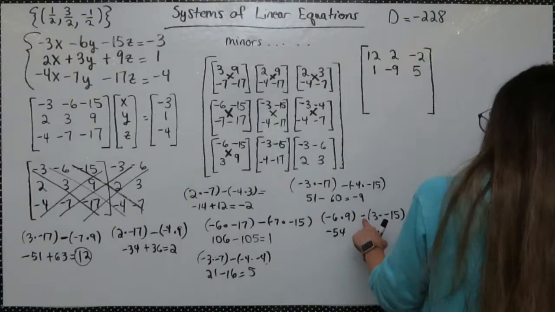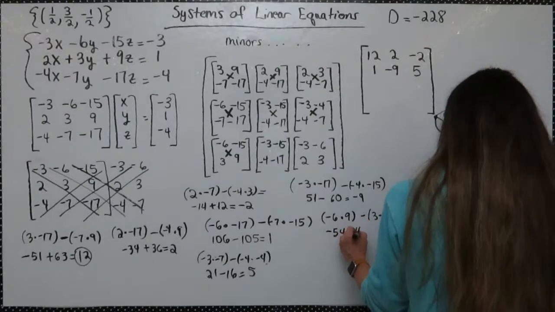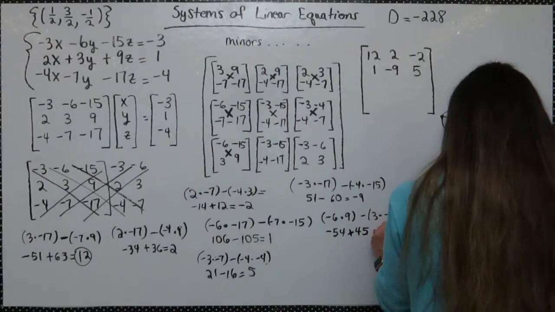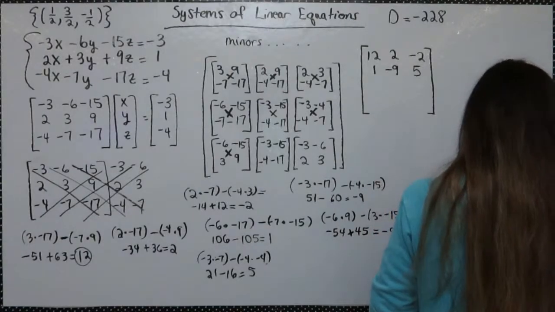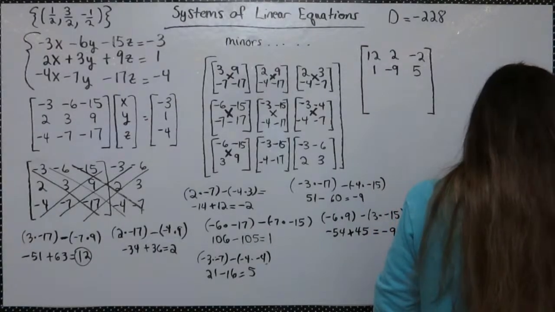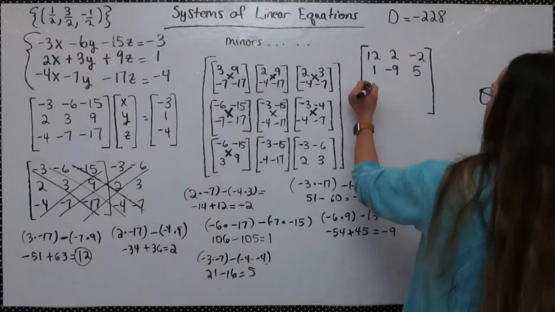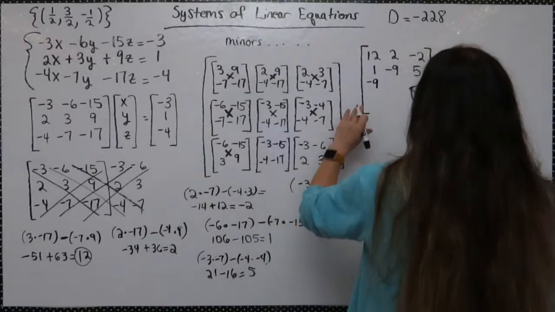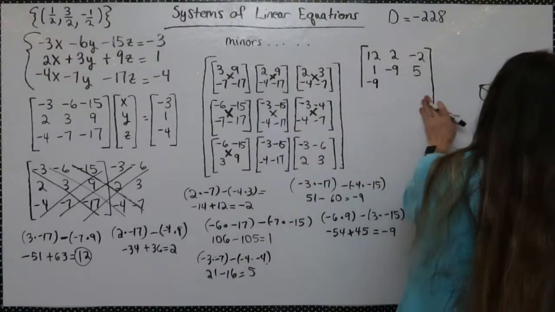Negative goes back to positive. And is that 9 again? -9? We'll double check it. -9. And then we've got 2 more. Look, I didn't even think of that thing.